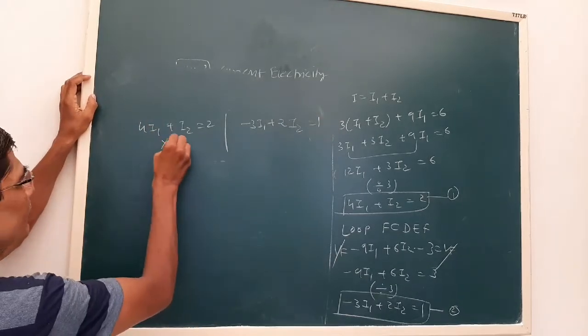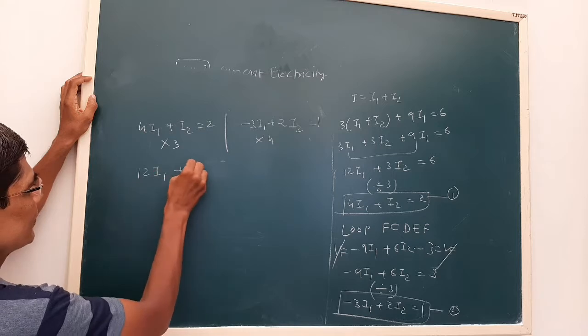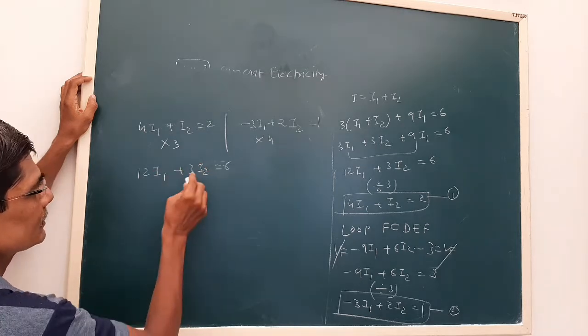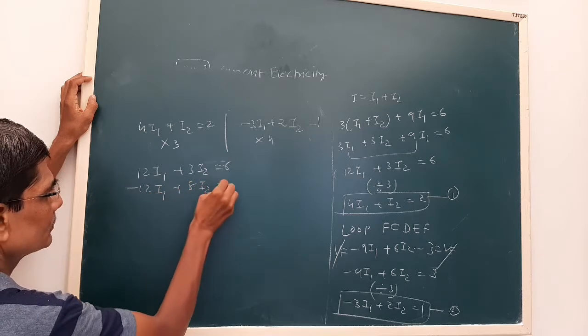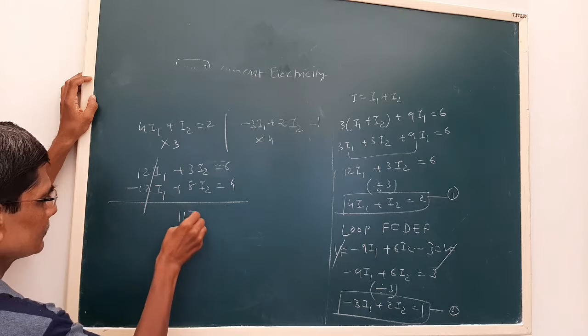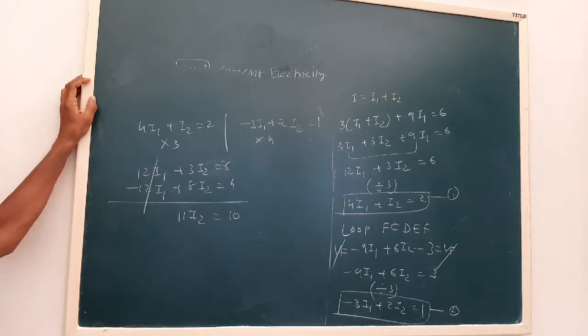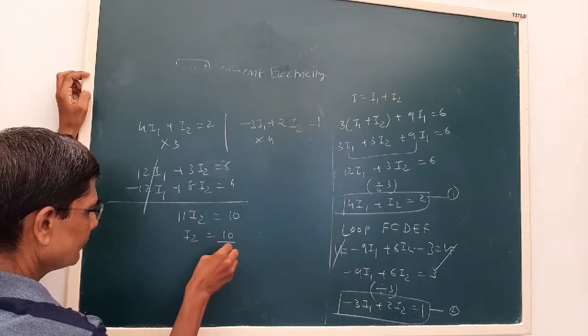Now multiply by 3 and by 4: 12I1 plus 3I2 is 6, minus 12I1 plus 8I2 is 4. Adding, 11I2 is 10, so I2 is 10 by 11.